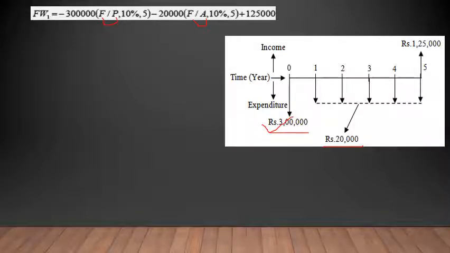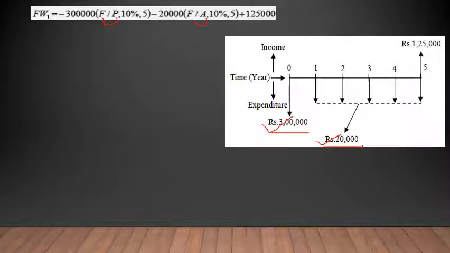And then this last one, 1,25,000 salvage value. What is this salvage value? That is already F. So there is no need for any further conversion. We will retain it as F. So this is how it is done.